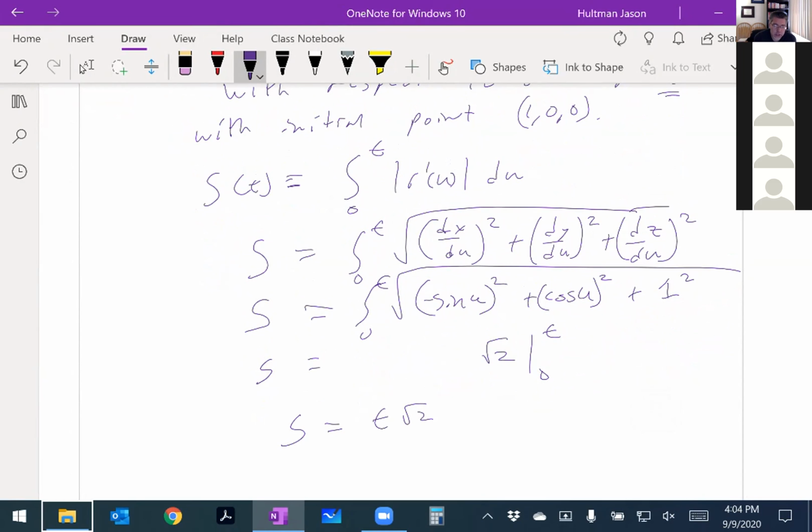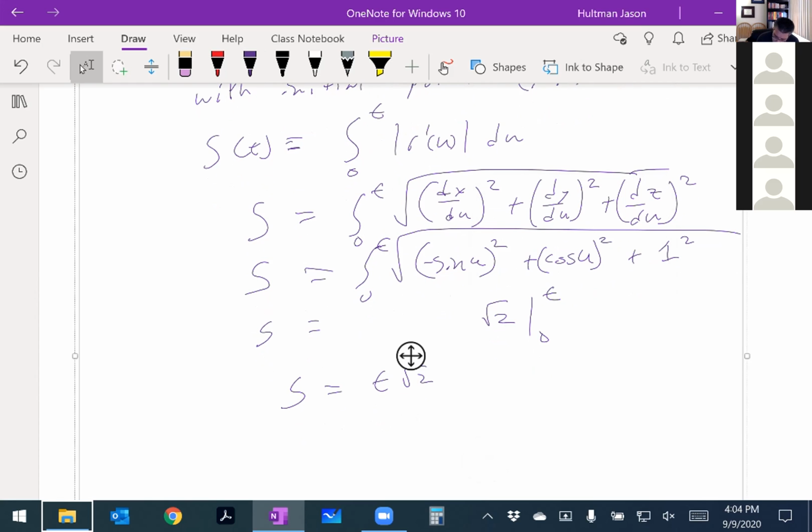Okay, so we get t radical 2 is equal to s, and we want to reparameterize this thing in terms of s, not t. So I have to solve for t. Divide by radical 2, and I get t is equal to s over radical 2.